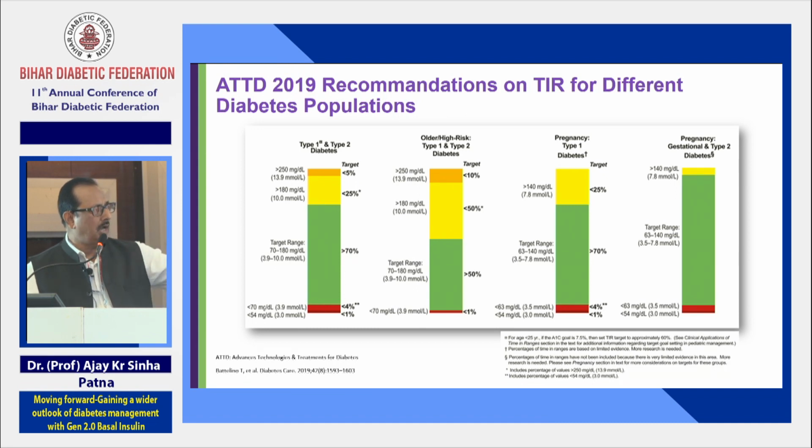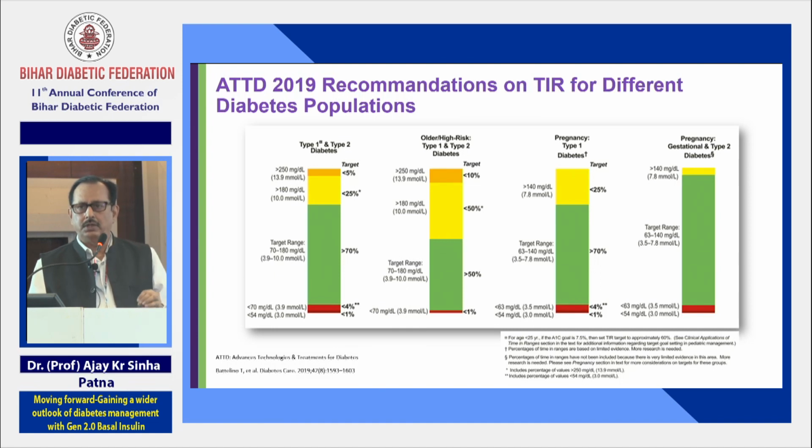But if you see the high-risk patient, they have released that the sugar range should be between 70 and 180. If it is 50%, acceptable, but the time below range should not be more than 1%, and never in 24 hours does it go below 54.